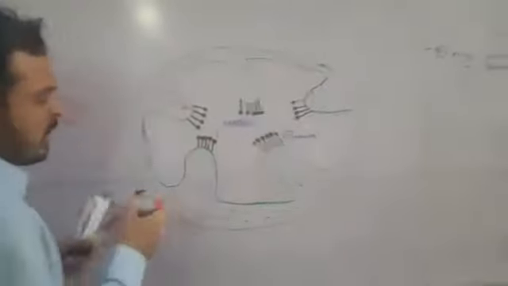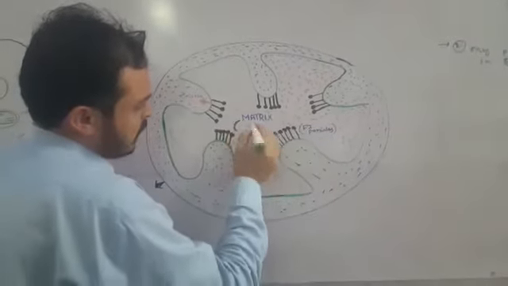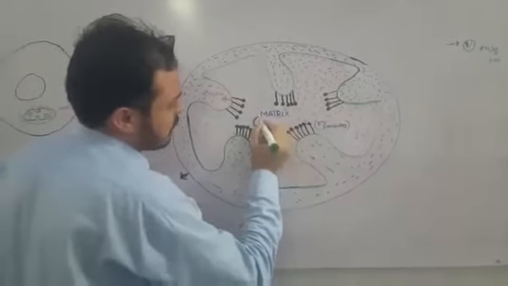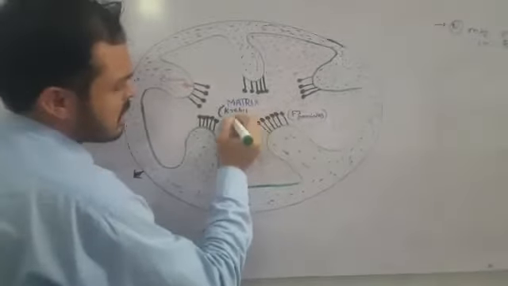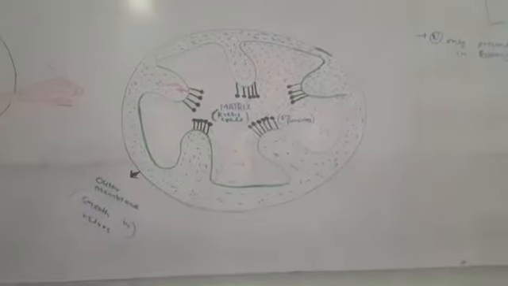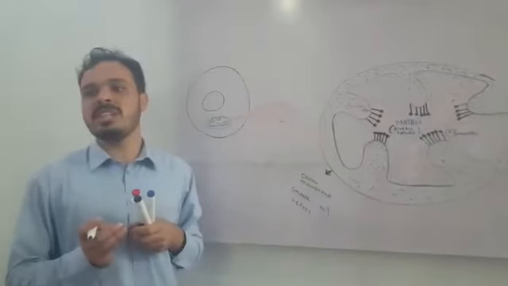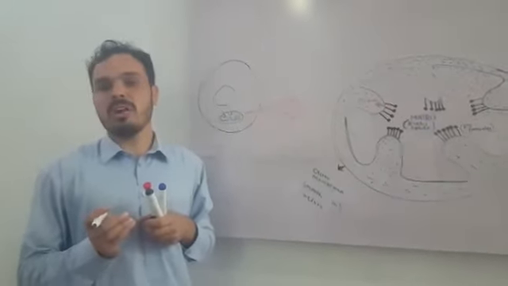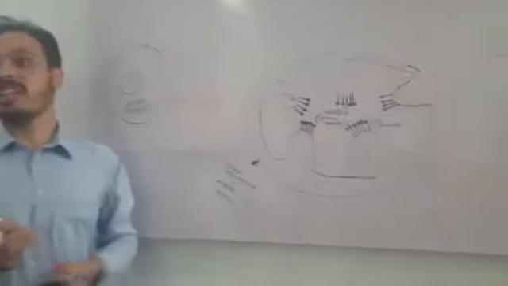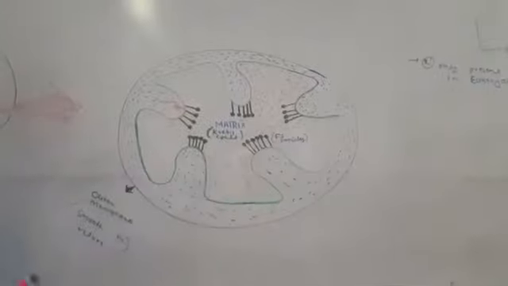Here in the matrix occurs the Krebs cycle, which is also called the TCA cycle, and also the citric acid cycle. So this cycle occurs inside the matrix.